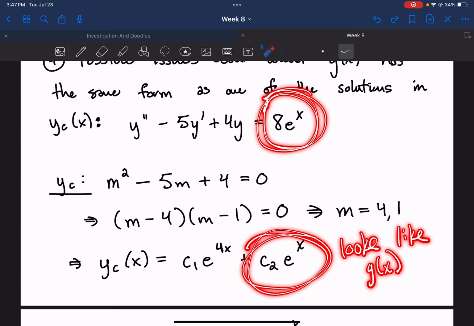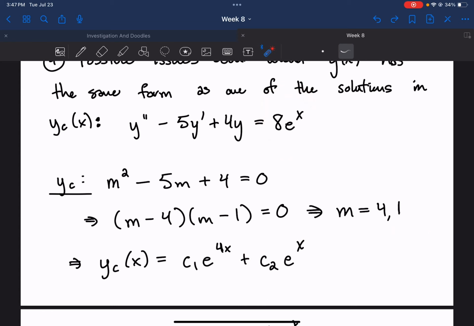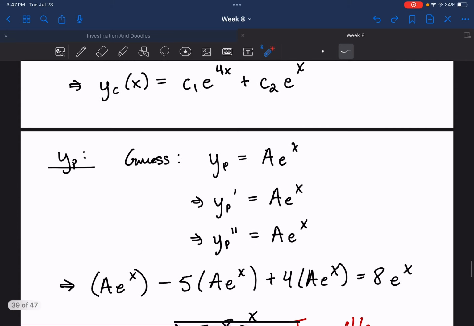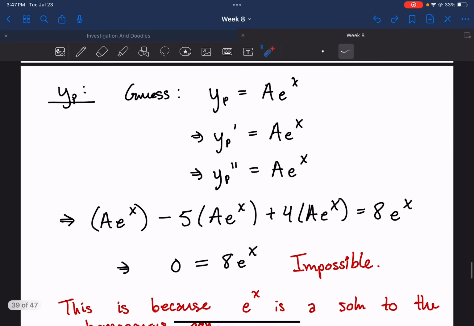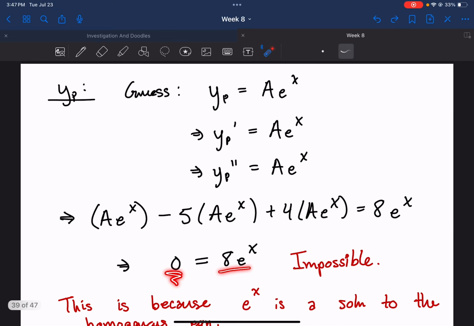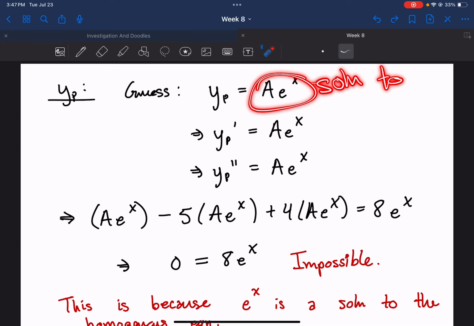But we can get around it in the same way we did when we had repeated real roots: we're just going to tack an x onto our particular solution. Here's what happens if you guess yp equals a e to the x. You work it all out and you get 0 equals 8e to the x. Why? Because this is a solution to the homogeneous equation.